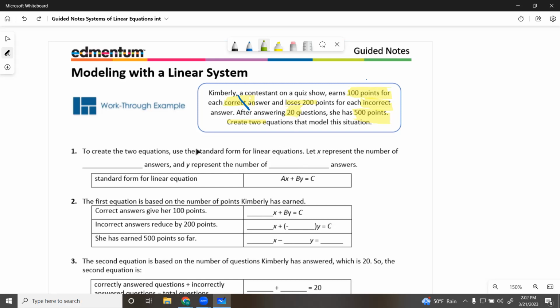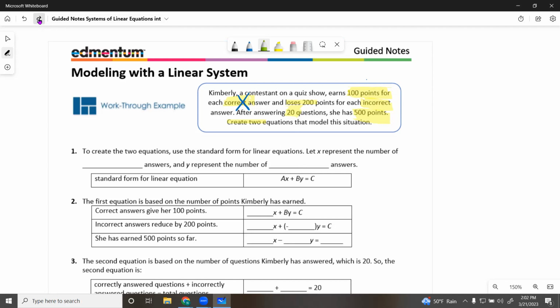So let x represent the number of correct answers. The very first one says 100 points for each correct answer.